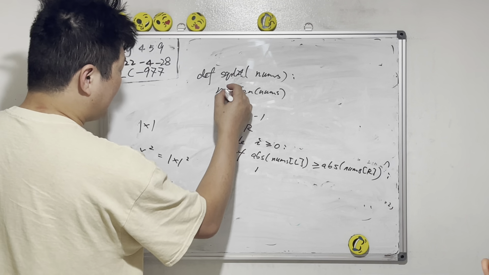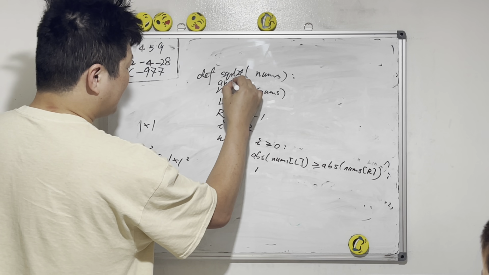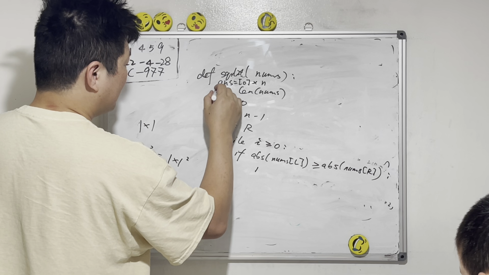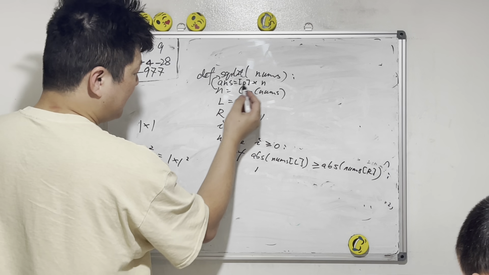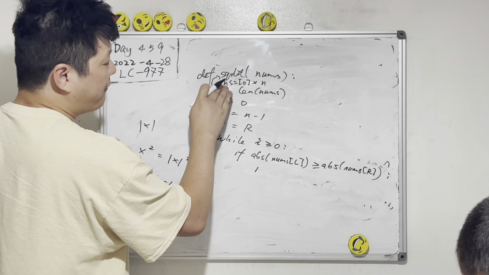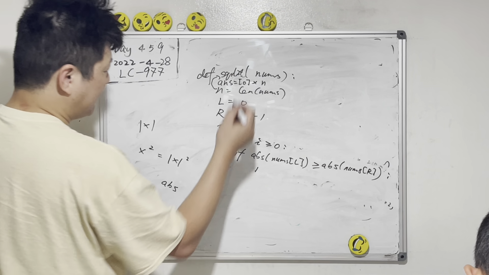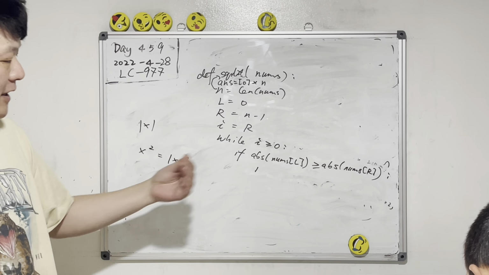So we need to have an answer. Answer equals, let's allocate it, n. We have an answer array which originally is all 0. It doesn't matter which value it is, as long as we override and update it later.